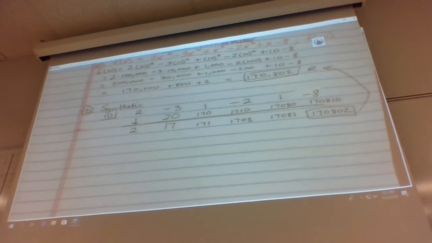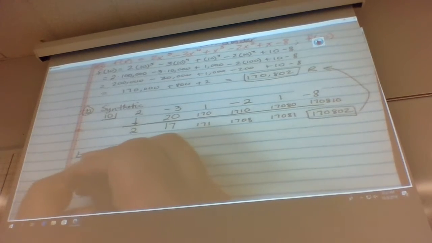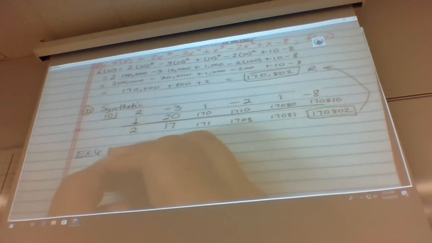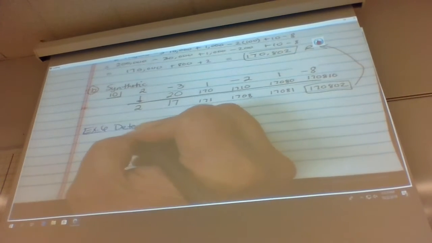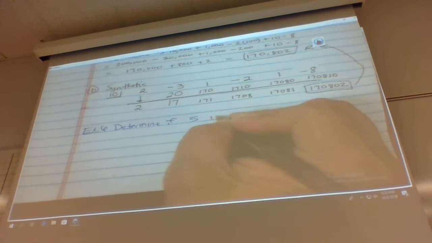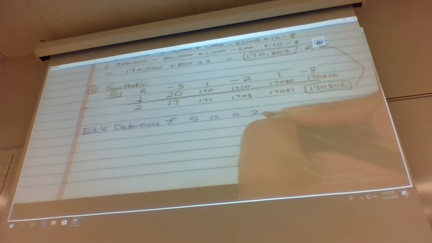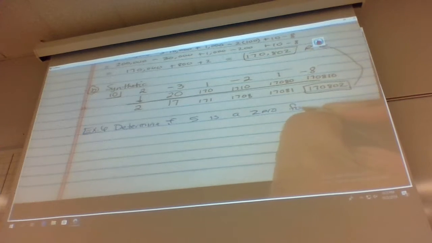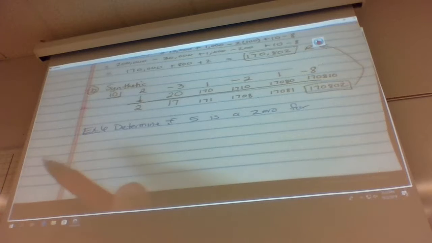Example number 6. Determine if 5 is a 0 for g of x equals x to the 4th minus 26x squared plus 25.